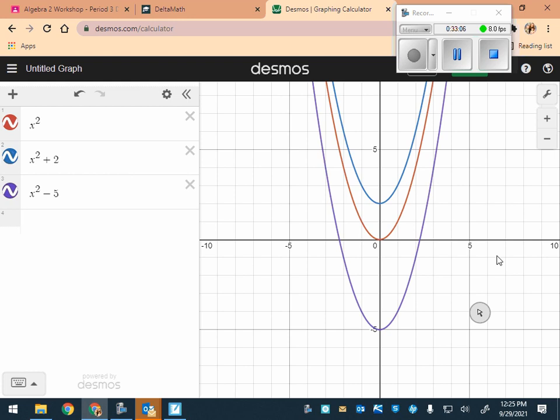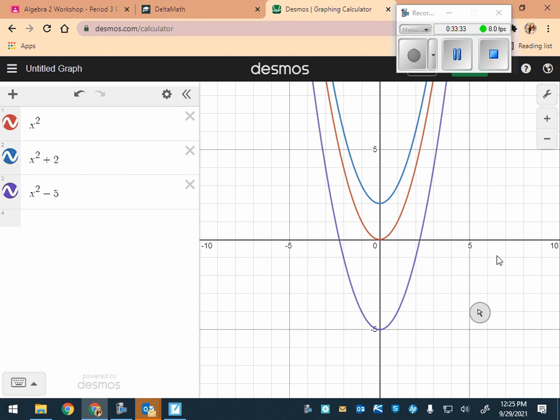You're moving up the y-axis. If it's minus k, meaning x squared minus 5, you are moving down. Okay? So the k value, up, down, h, left, right, a changes the shape, narrow, wider, or reflection.